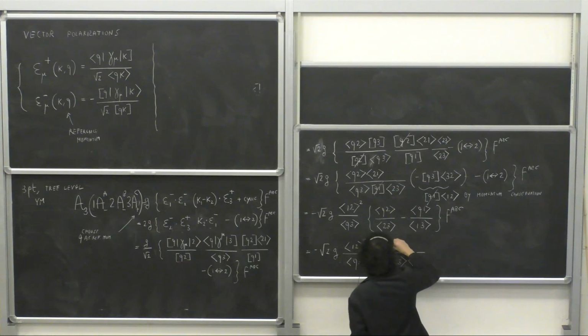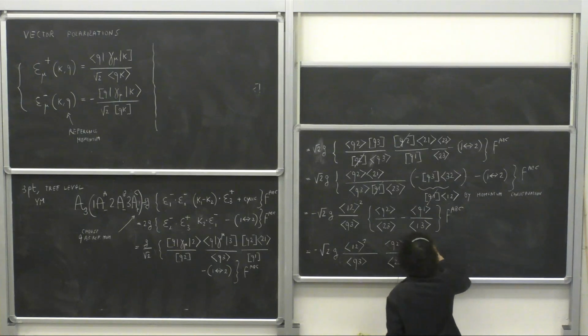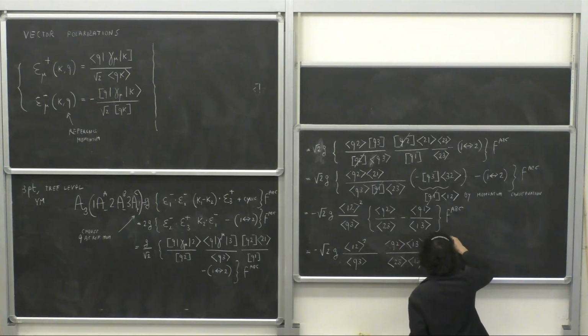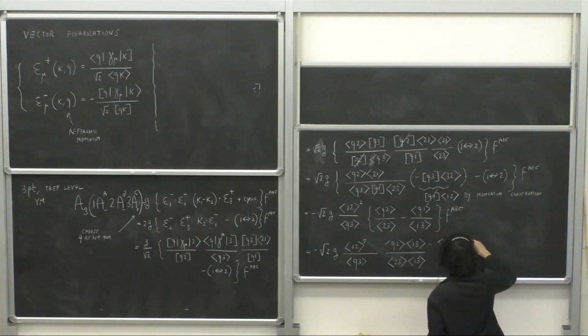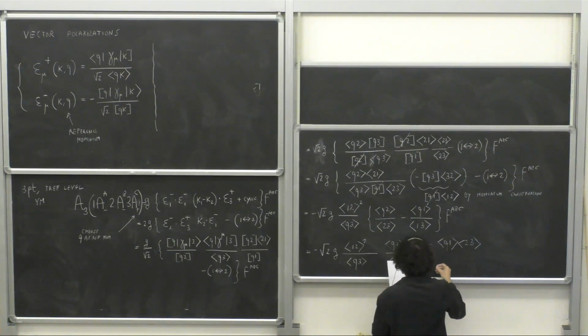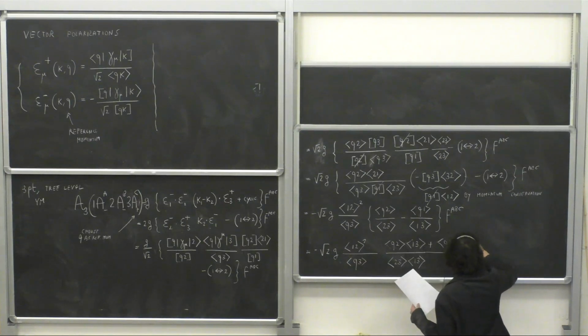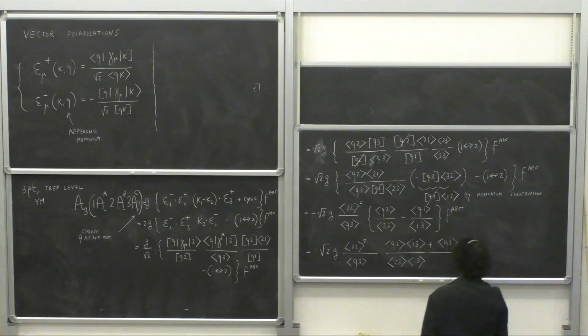And then this becomes Q2, 1, 3, minus Q1, 2, 3. Which I write as plus Q1, 3, 2, just by flipping the spinor. Still with an f^{abc}.